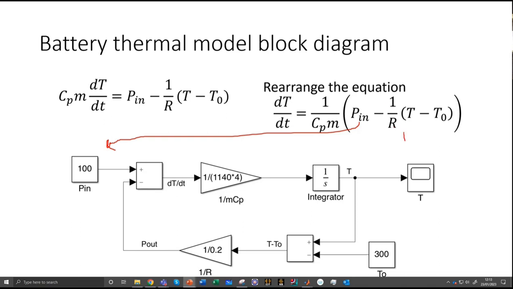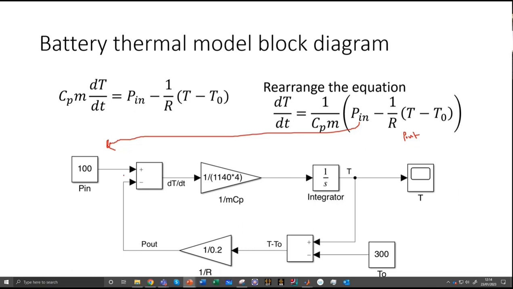So Pn minus P out is equal to dT, but P out is essentially equal to 1 over R, which is 1 over 0.2 here, multiplied by T minus T naught, and T minus T naught is coming from here T, and I'm taking minus T naught, which is 300 Kelvin.